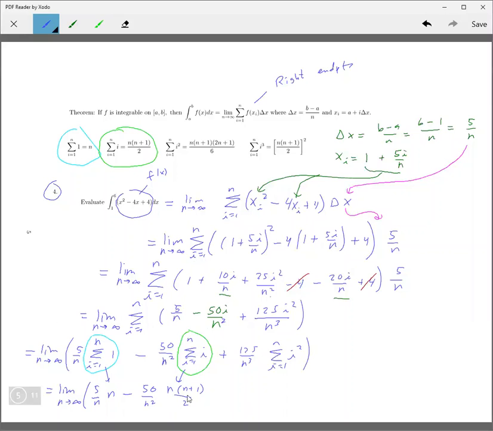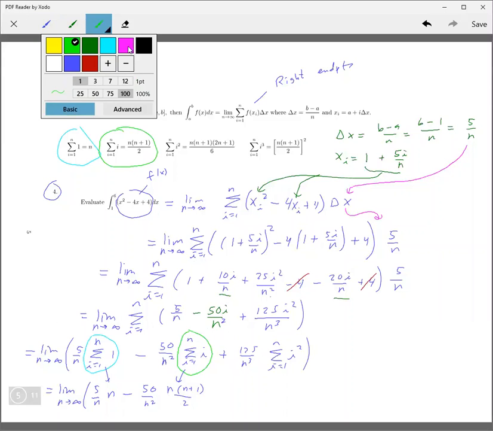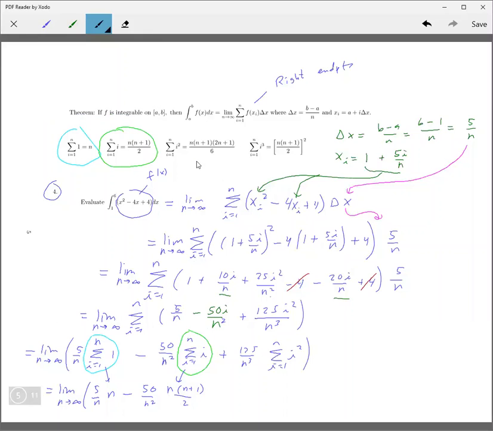These are multiplied together. And then we also have this formula here, which corresponds to this last piece. So this is all that.